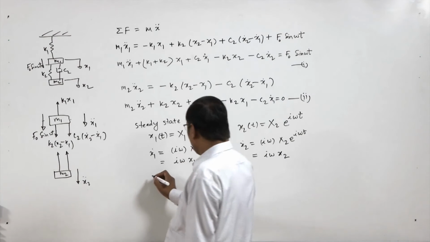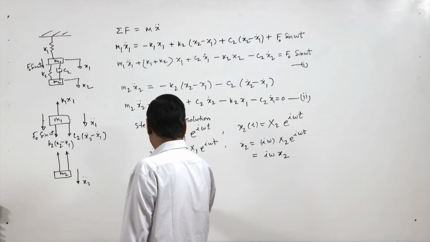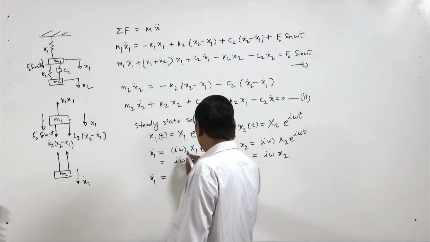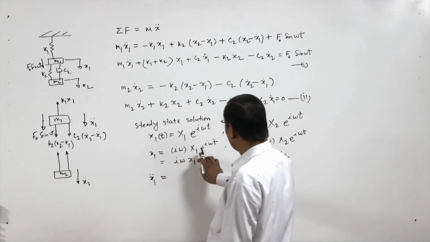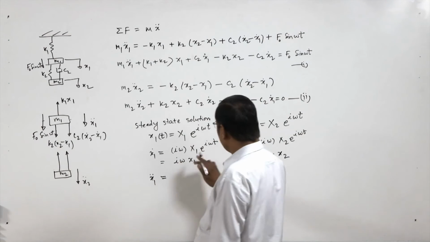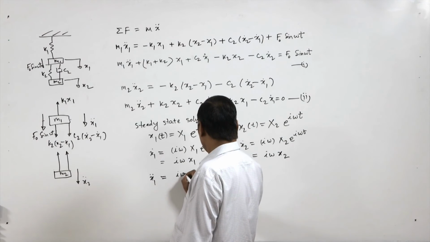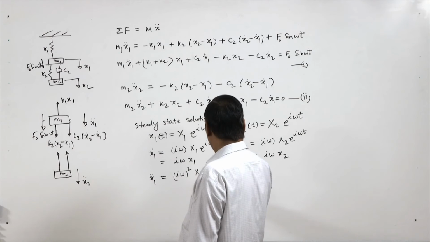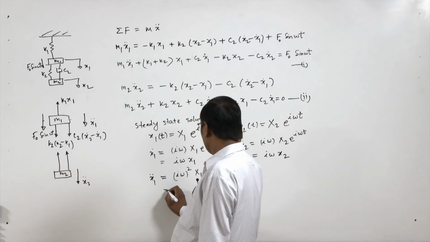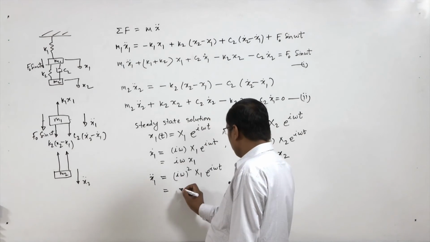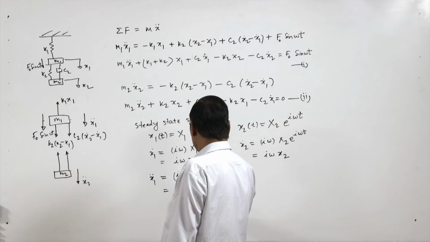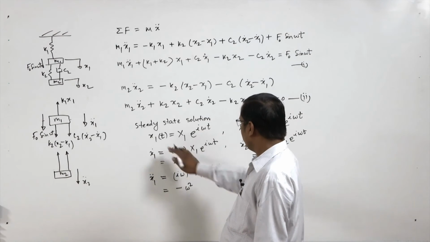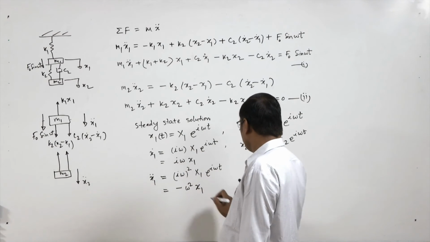Now to find x1 double dot, we can differentiate x1 dot again. So this is (iω) squared X1 e^(iωt). i squared is minus 1, so it is minus omega squared X1 e^(iωt).